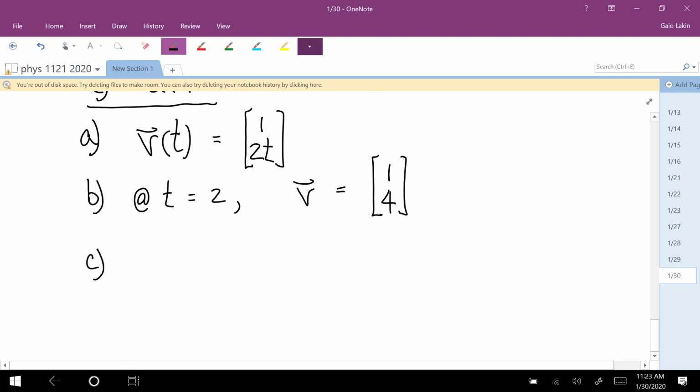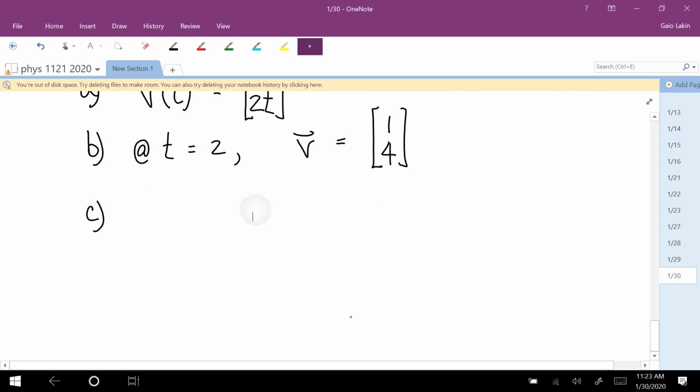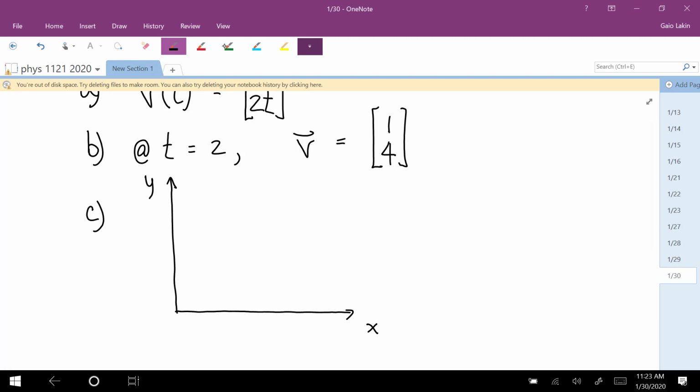And now, if this is our coordinate system, okay, so this is x and y, but this represents what's happening in the physical world, okay? The graph looks like this. So let's say this is 1.